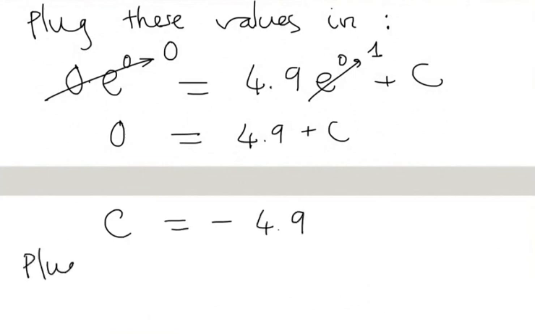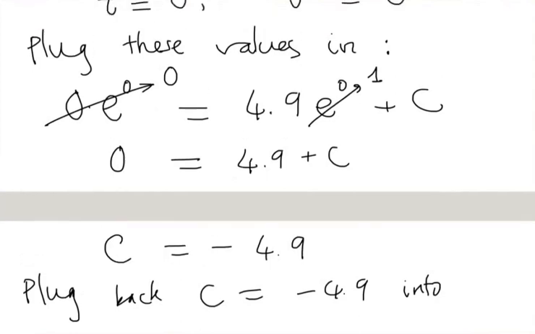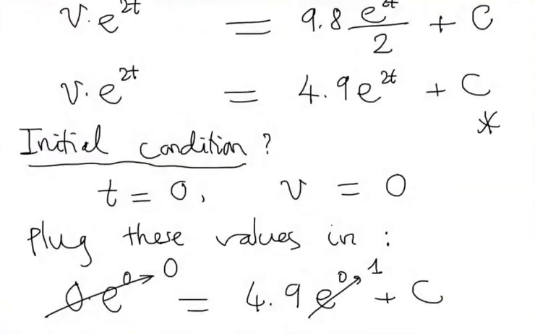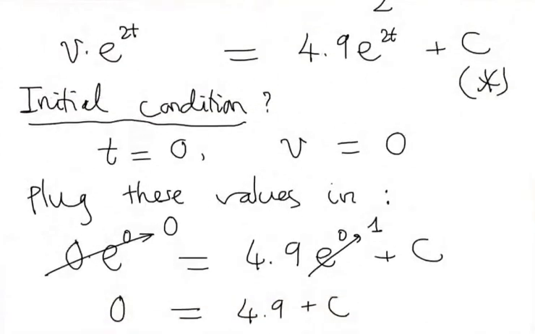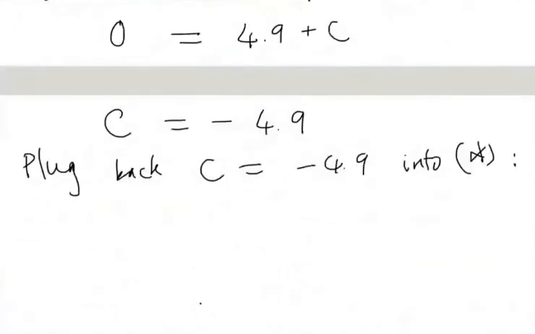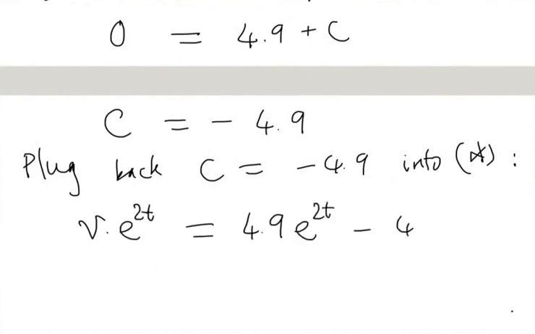And now we look back, plug c equal to minus 4.9 into the equation above, the star that we have after integrating, and we get v e to the 2t equal to 4.9 e to the 2t minus 4.9.